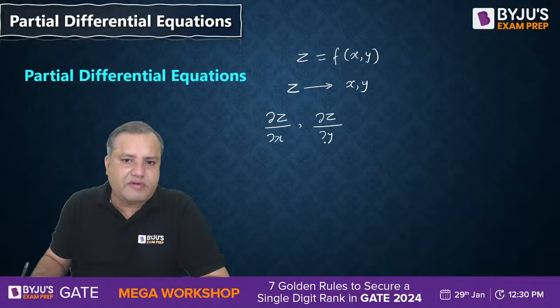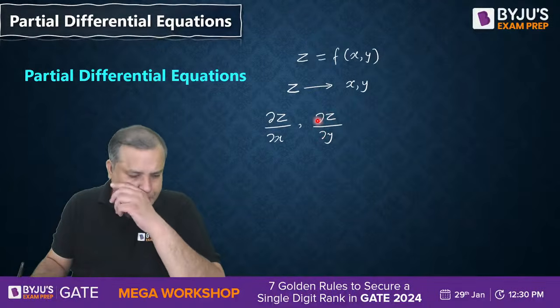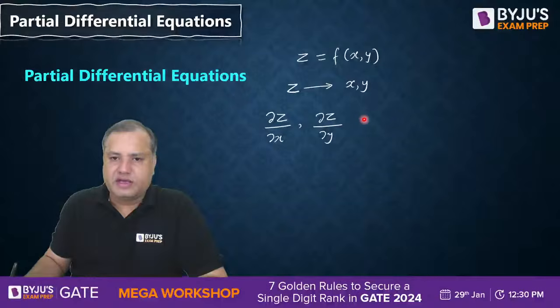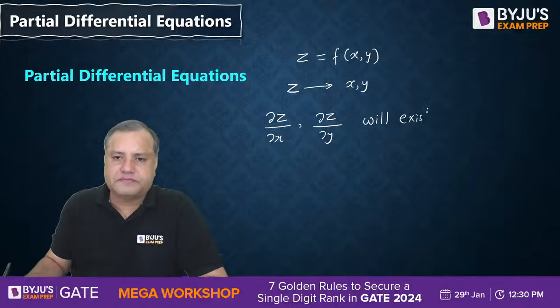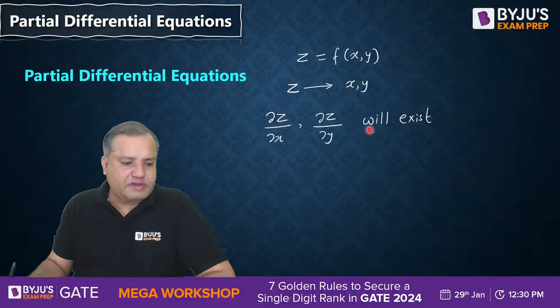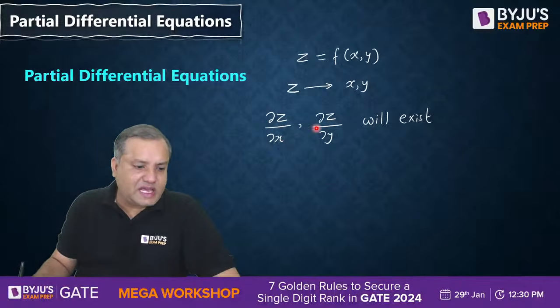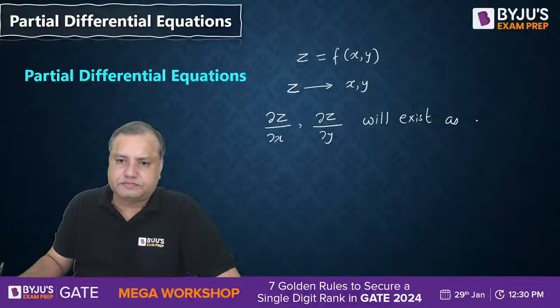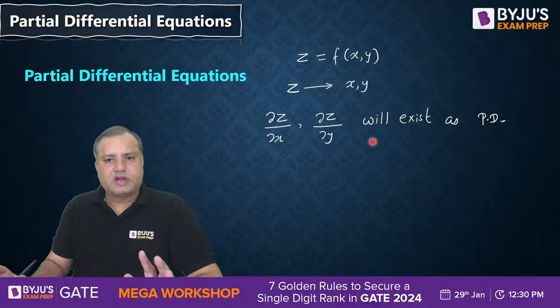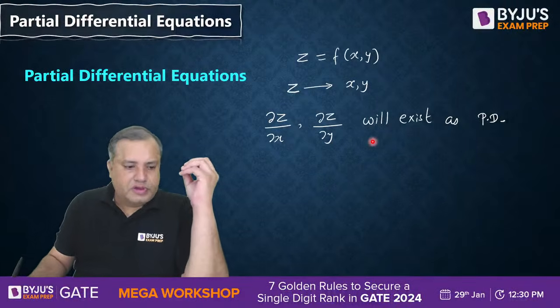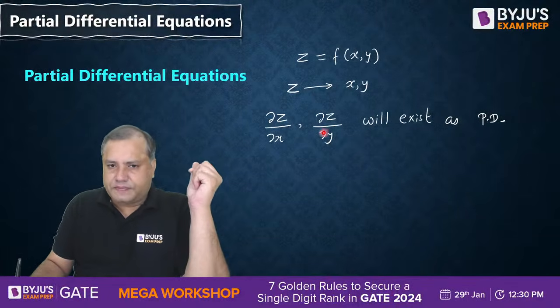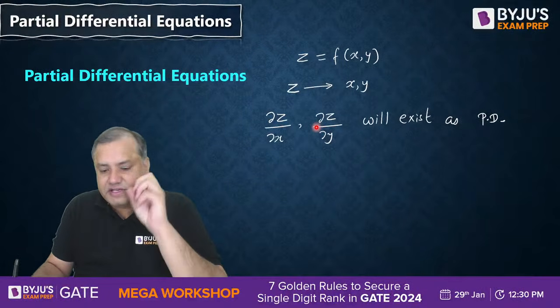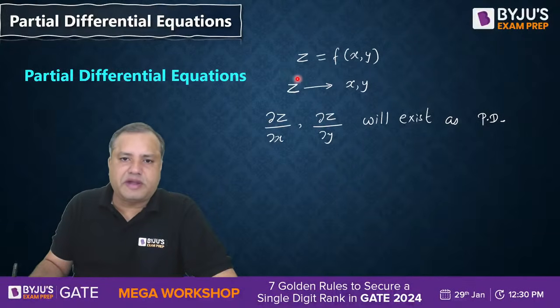Then del z by del y is the partial derivative of z with respect to y. So these two partial derivatives will exist. Comfortable with this?